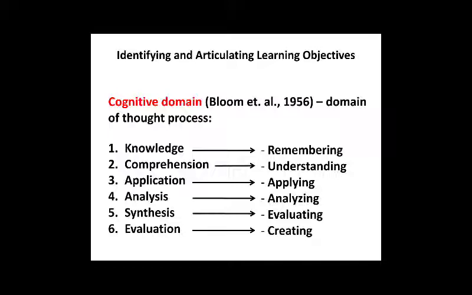These are tasks for the mind. These are tasks for the brain. Cognitive. Yan. So, yung original taxonomy ay itong nasa left side. Knowledge, comprehension, application, analysis, synthesis, evaluation. That was the original taxonomy.